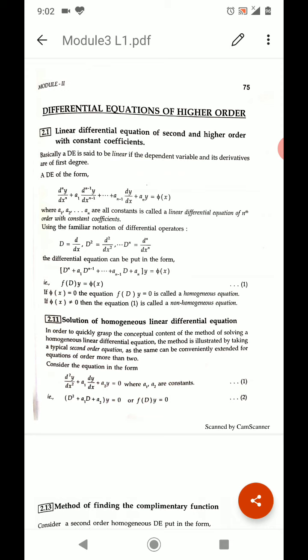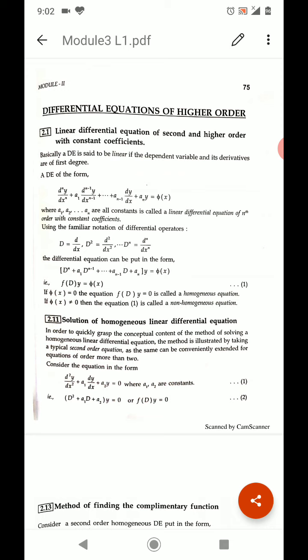If we write d by dx equal to capital D, likewise d square by dx square equal to capital D square, and d power n by dx^n equal to capital D^n, then the given differential equation will become D^n plus a1 D^(n-1) plus up to an.